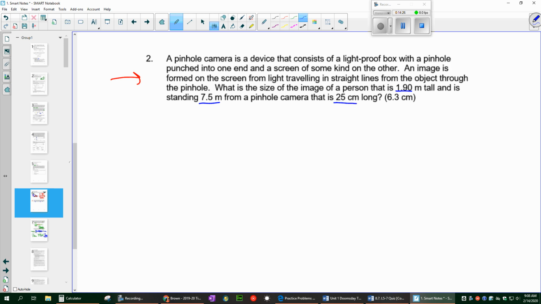I really recommend in these ones drawing a picture first, right? Kind of figure out what it is we're actually dealing with. So let's draw our pinhole camera. Our pinhole camera is 0.25 meters long, so from there to there.